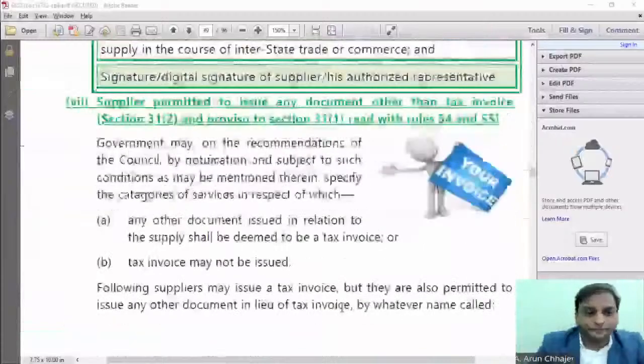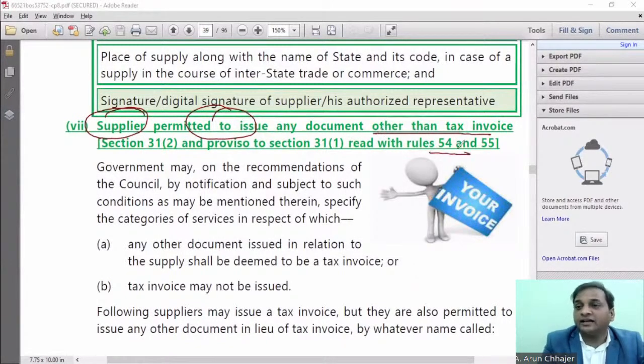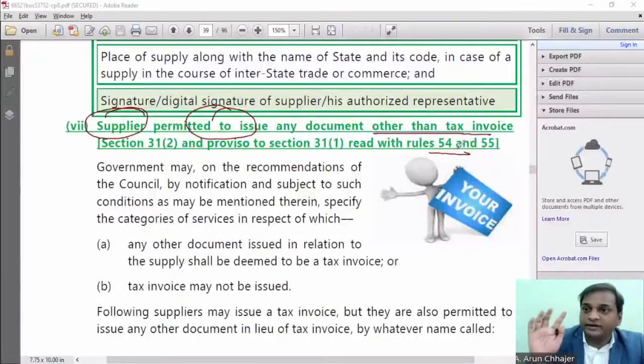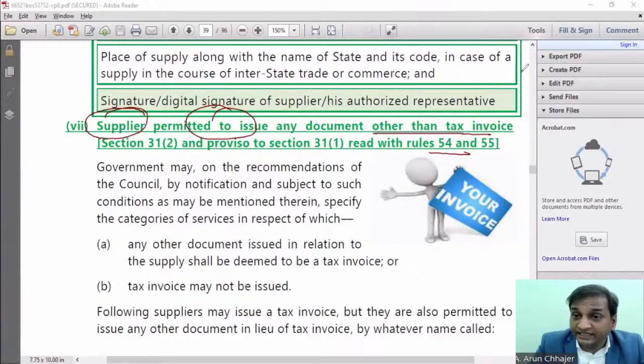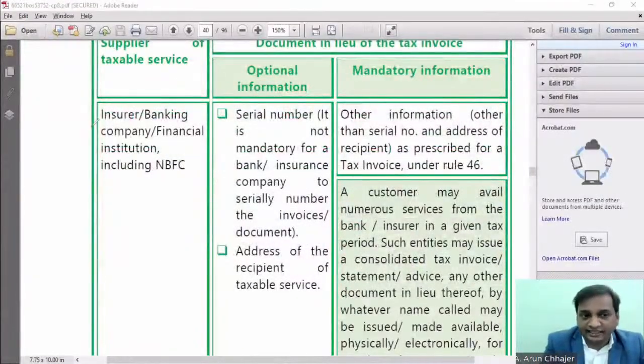Now we were talking about suppliers permitted to issue any document other than a tax invoice. We have discussed that the government has the power to issue a notification and prescribe certain categories of transactions and suppliers who, instead of the tax invoice, will issue any other document. Who are those categories? First category: insurance, banking company, financial institution, NBFC.